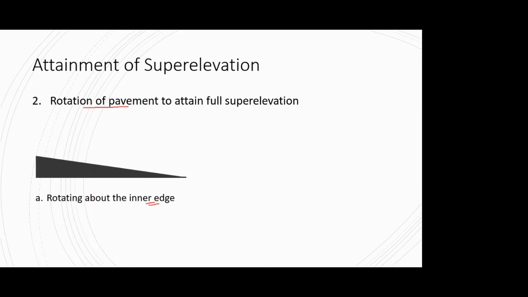So this complete pavement is rotated like this about the inner edge. This becomes your inner edge, this becomes your outer edge, and I have rotated the pavement about the inner edge. Just to show you again, this is the rotation that I have given to my pavement, and then I have attained the required superelevation value, capital E, by rotating about the inner edge.